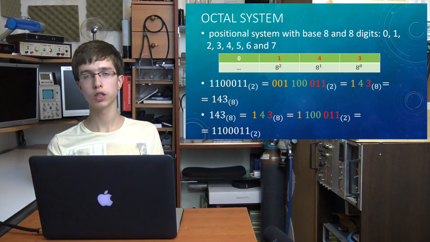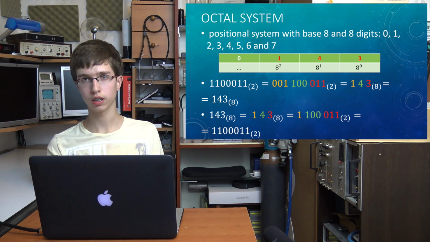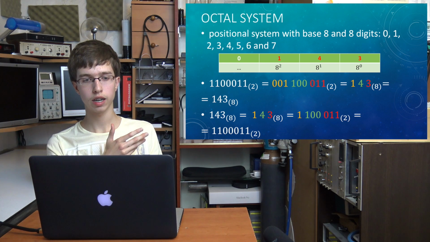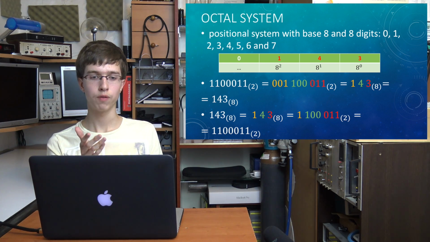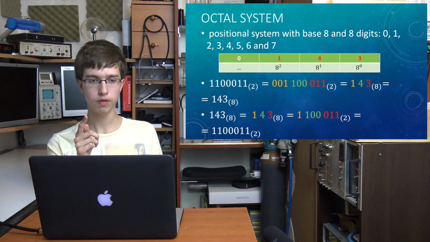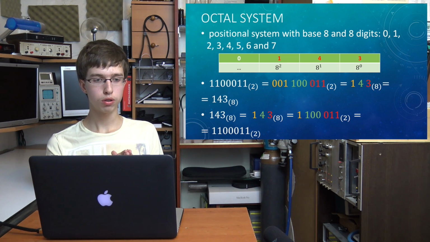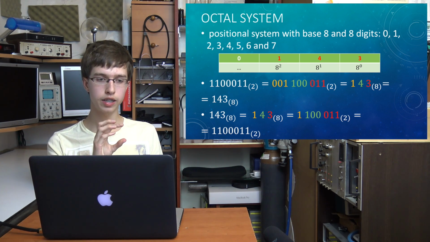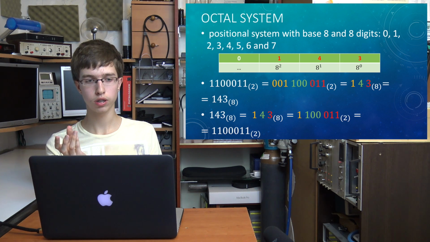Octal system is a positional system with base 8 and 8 digits from 0 to 7, including these digits. Again, we have this table with positions, but here it is 8 on some power. And we can also convert from binary to octal and from octal to binary.